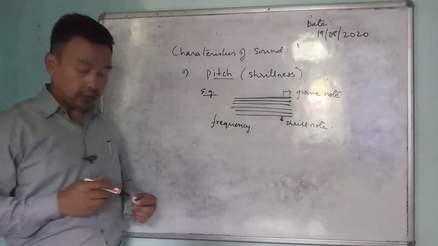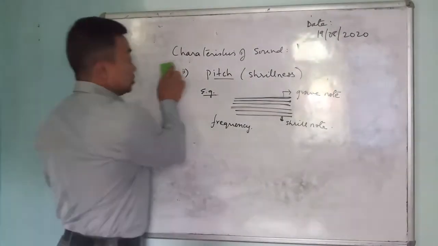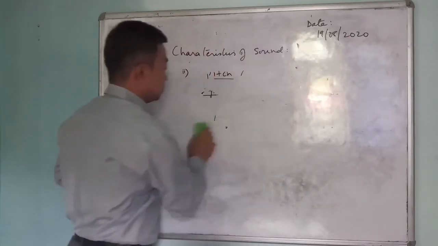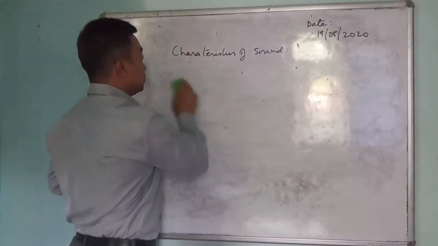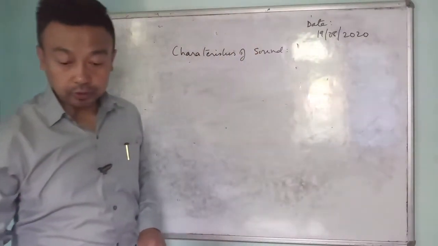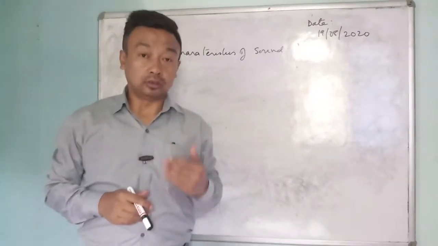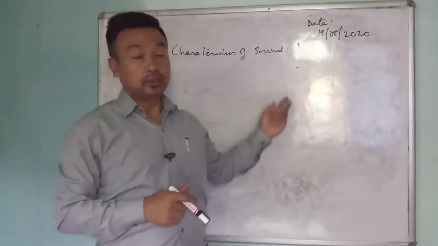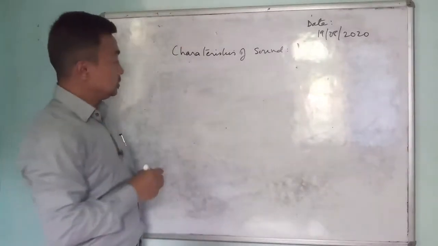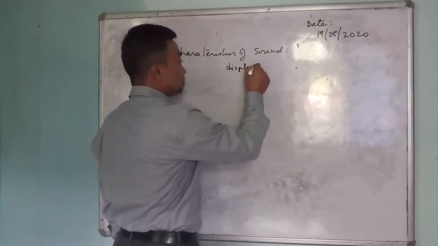Okay, now let me explain this with the help of a diagram. Let me explain this by taking one example. Suppose you take two notes. They are on the same instrument, like for example in case of this guitar string. Now this can be displayed or shown in a displacement time graph.